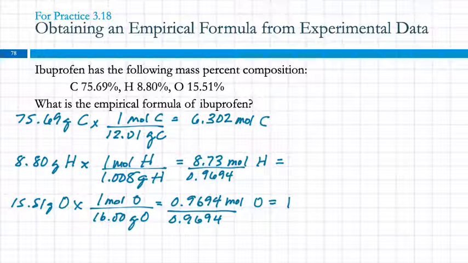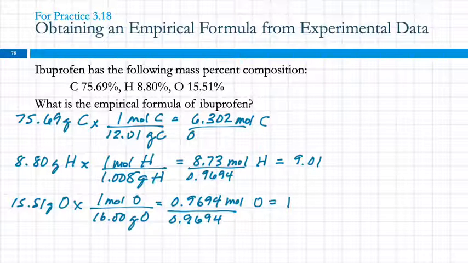So 8.73 divided by 0.9694 gives me 9.006. Well, about 9.01.